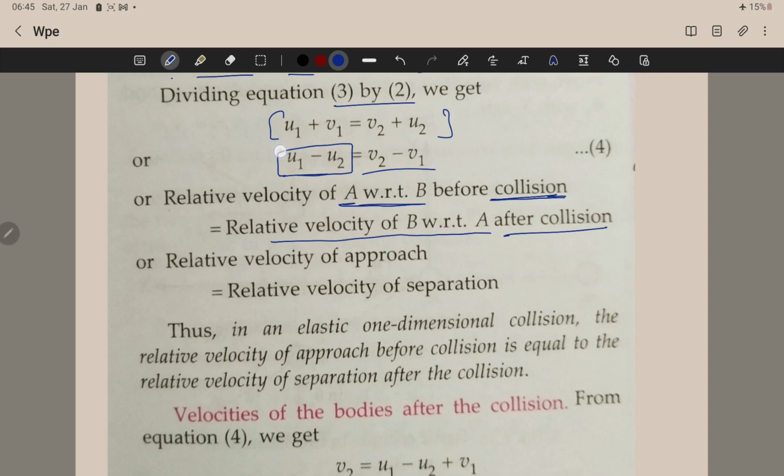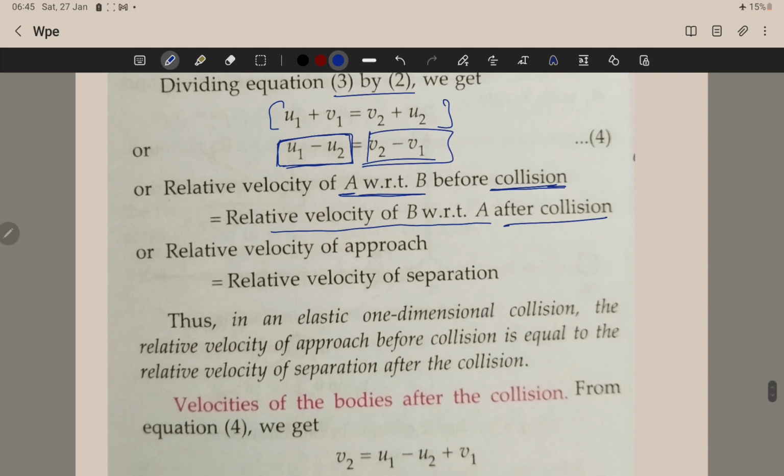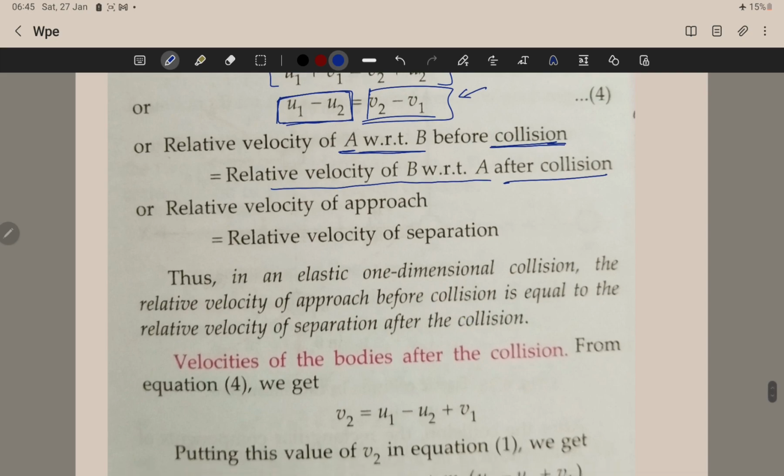We also call the relative velocity before collision the relative velocity of approach, because the body is approaching the second body. After collision they get separated, so this is called the relative velocity of separation. Relative means the velocity difference between those two.